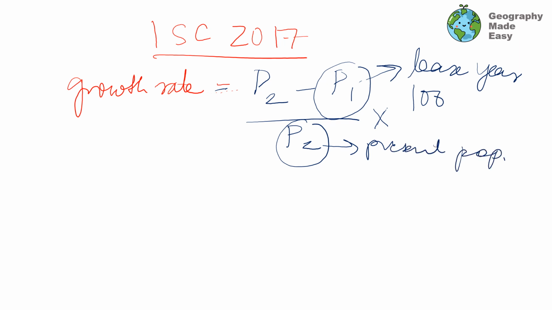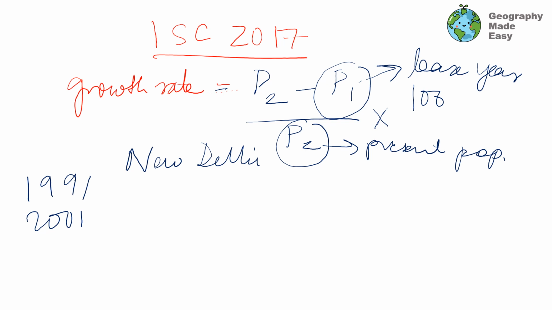Let's take an example. So two populations will be given in this case also. For 4 states, the population for 2001 and 2011 were given. So say we have 1991 and 2001, and we have the population for, let's take an example, say New Delhi. I'll take a simple example. Say population was 10,000 in 1991, it became 20,000 in 2001.